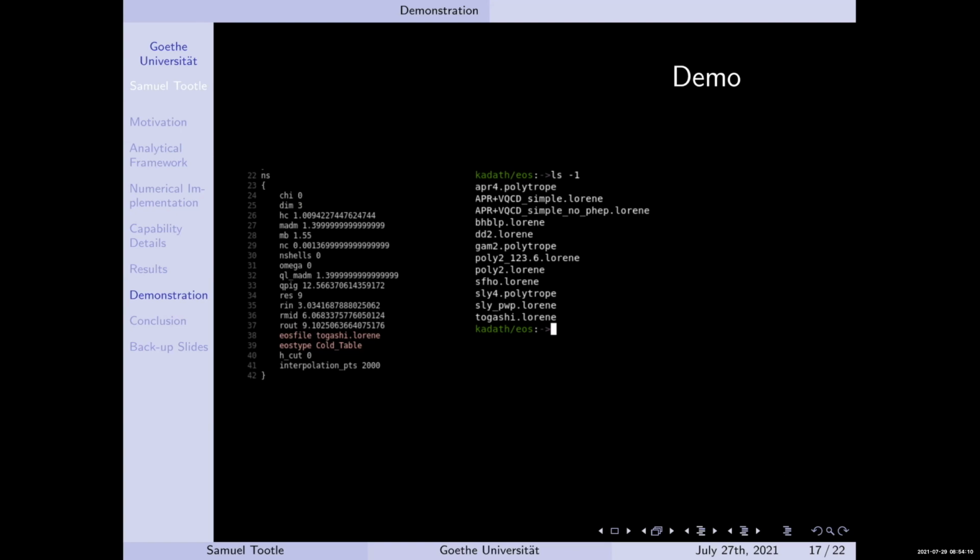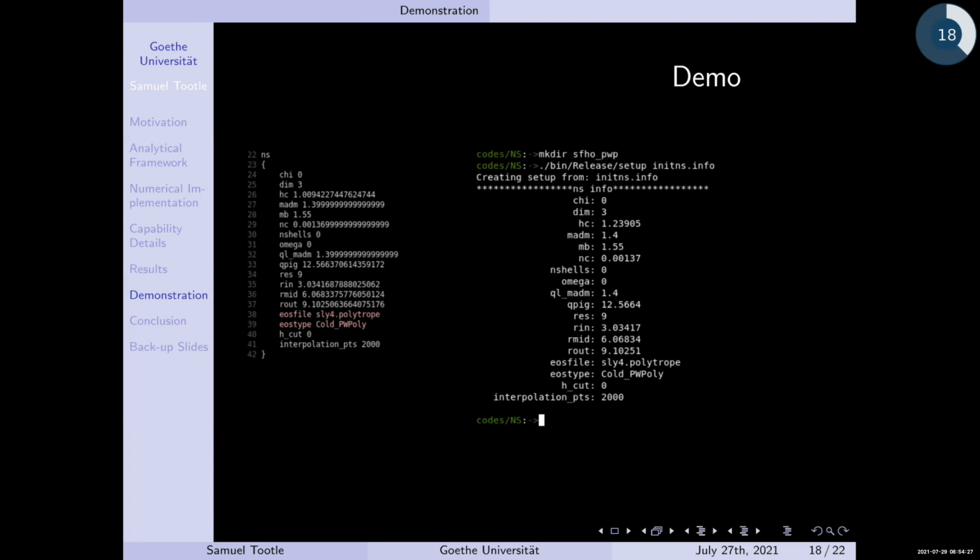But you can also just specify the directory where it says EOS file. So I could just put the current directory / whatever the name is of my polytrope, and it will then just search the current directory. You're not tied to this EOS directory at all. In the case of a polytrope, so I've chosen a polytrope here, the EOS type has to be changed to cold piecewise poly.